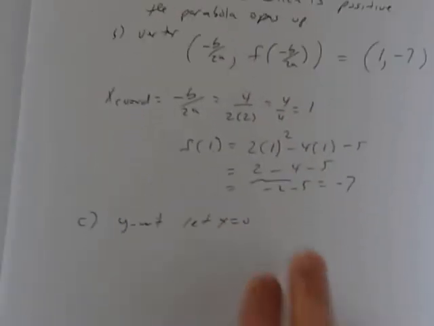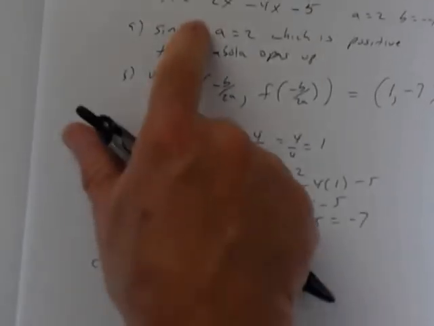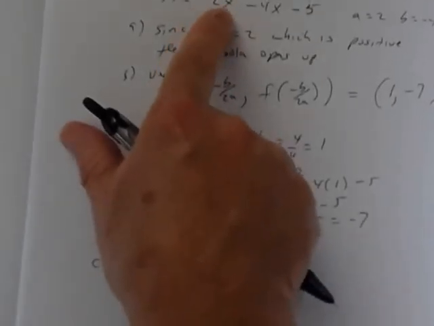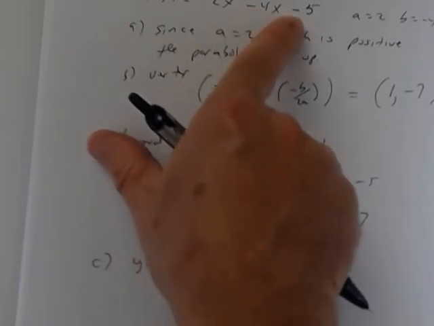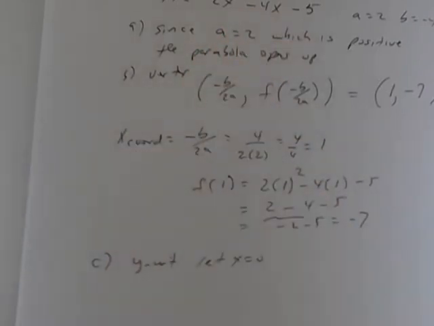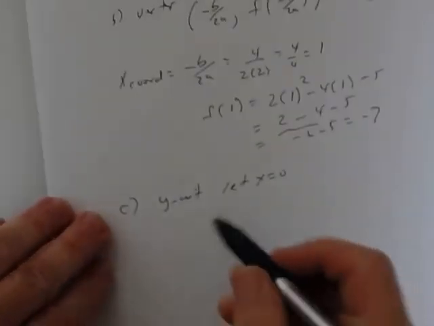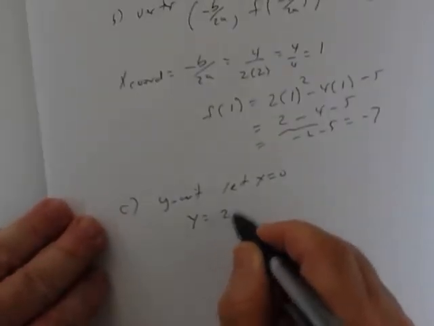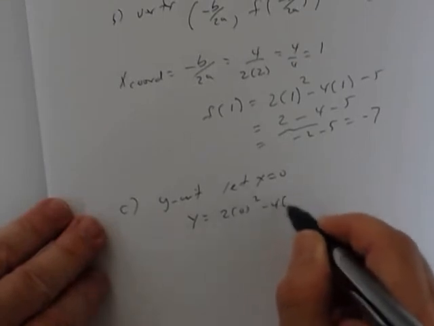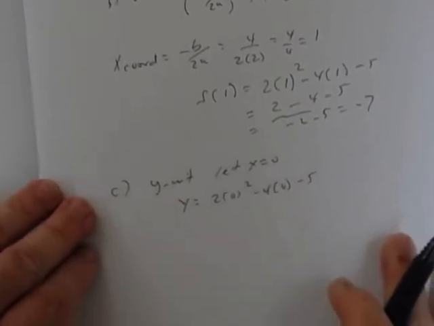Now, if you don't remember that, then you just let x be 0. When x is 0, what's 2 times 0 squared? 0. What's negative 4 times 0? And you're left with negative 5. So if you do the work, y equals 2 times 0 squared minus 4 times 0 minus 5.